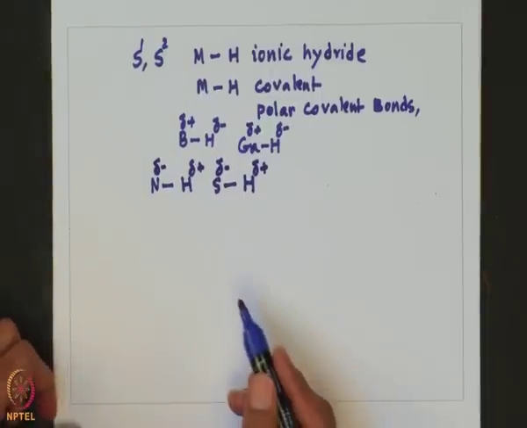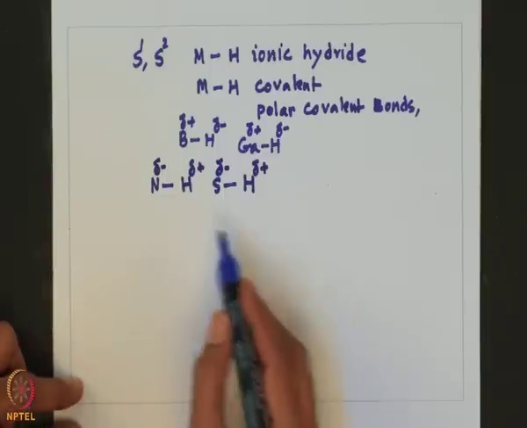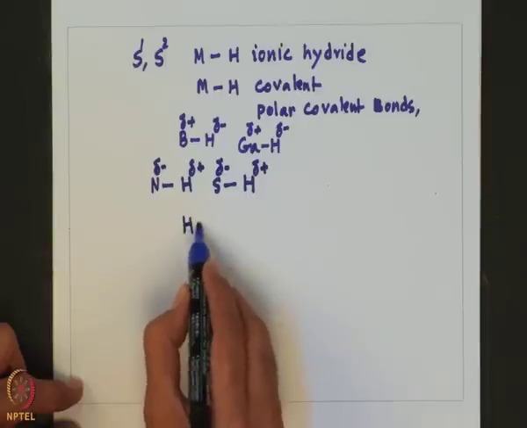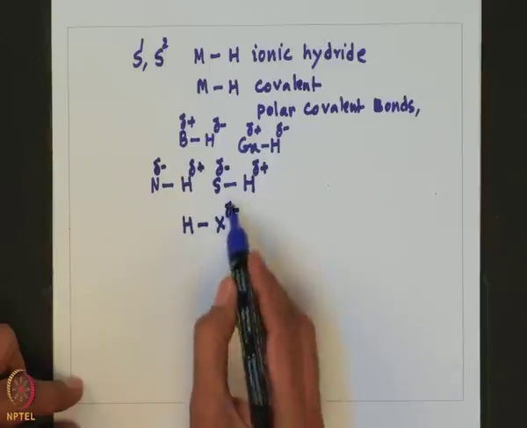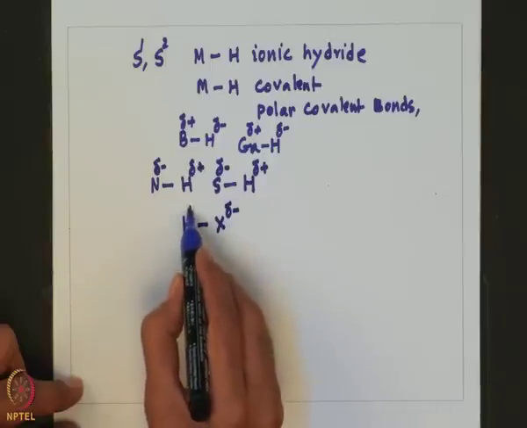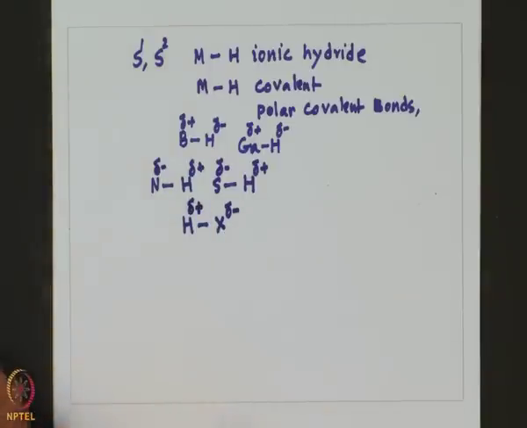In case of hydrides of halogens, all halogens carry delta minus, whereas hydrogen carries delta plus charges.